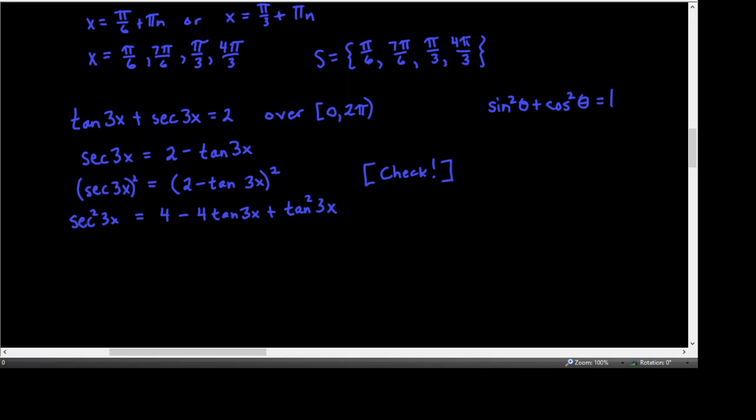And if I want to get a secant out of it, I'll have to divide 1 by cosine. So I'm going to divide everything by cosine squared, which will give me tangent squared theta plus 1 equals secant squared theta. And so secant squared is going to be replaced by tangent squared of the angle, in this problem 3x, plus 1.